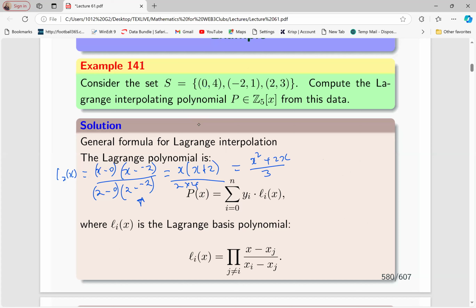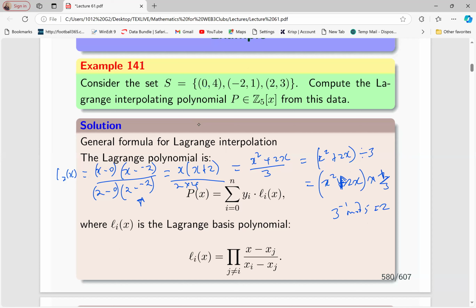The same thing as before. This is the same as x squared plus 2x divided by 3, which means x squared plus 2x multiplied by 1 out of 3. 1 out of 3 is the inverse of 3. So the inverse of 3, therefore, mod 5 is 2.